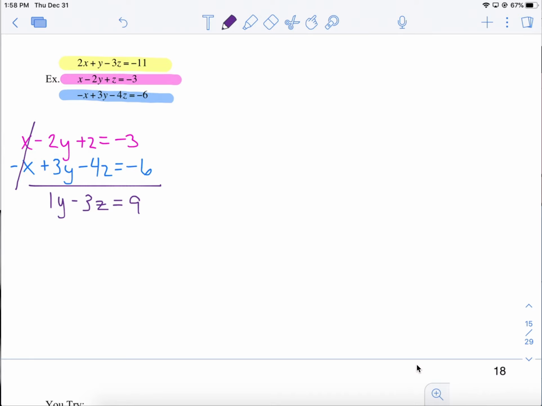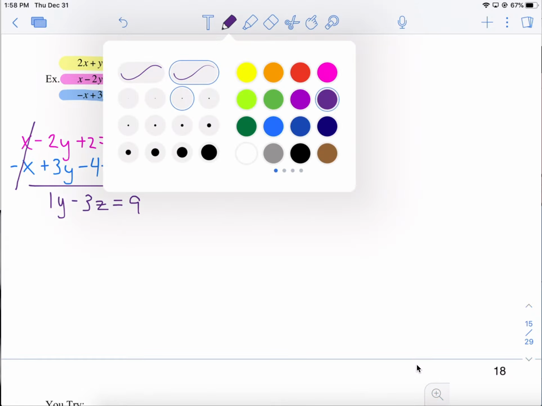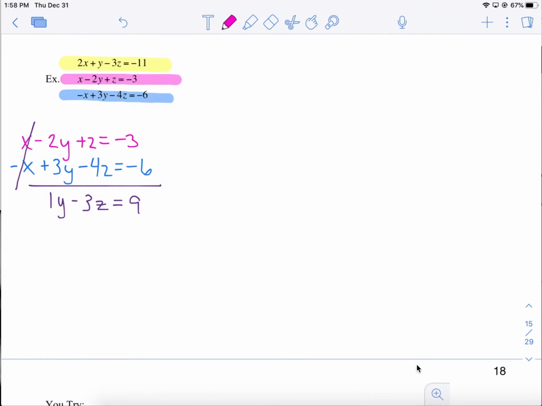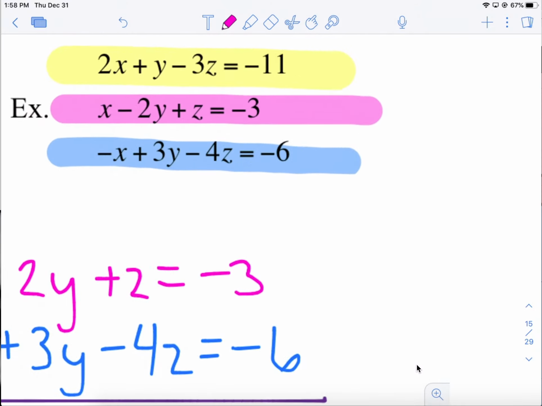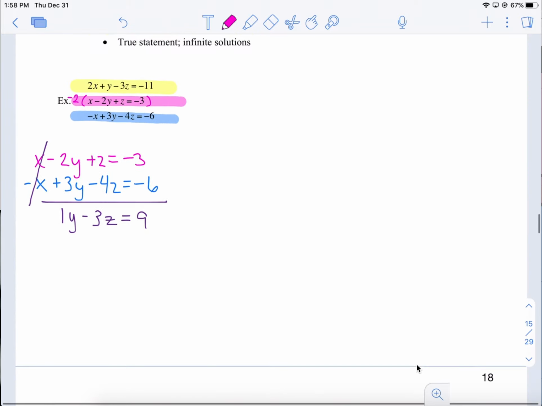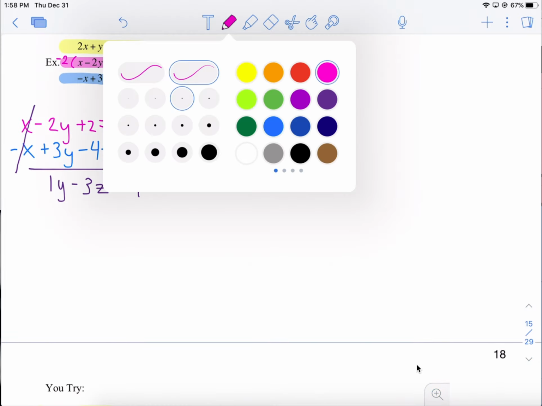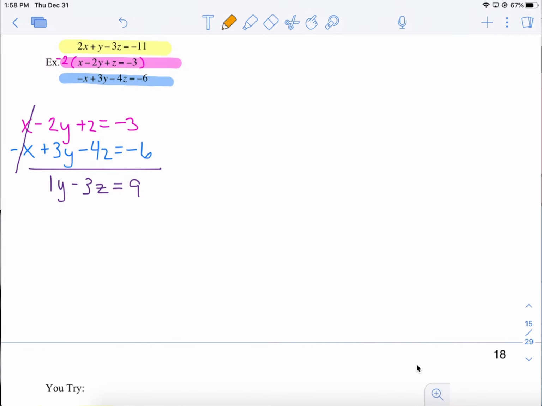If I look at this problem, I notice that I could take the top equation, the yellow one, and the pink equation if I multiplied it by a negative 2. So here's what I'm going to show you. I'm taking the pink equation and I'm going to multiply it by a negative 2 so it cancels with that guy. Okay, I'm going to write those same two guys down here. So I'm starting with the orange equation. Orange is my yellow.